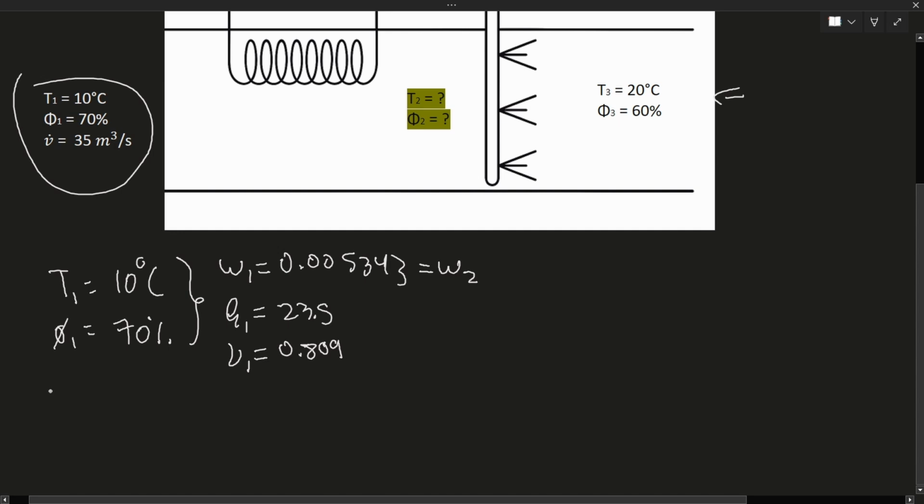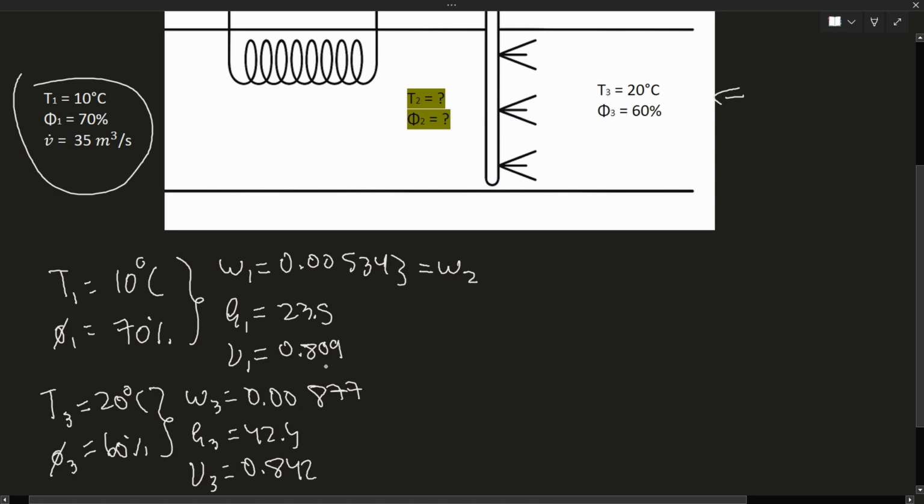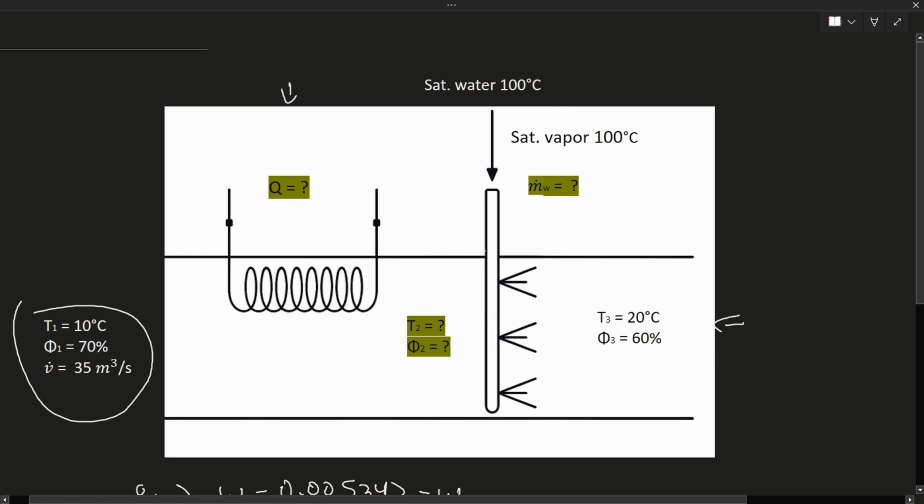Next, we can do the same thing for point 3, okay? Using T3 as 20 degrees Celsius, phi 3 as 60%, we can read the psychrometric chart to find all the values we need. All right. Now that you have this point, we're going to consider that going from stage 2 to stage 3, there's just water that's being added, okay?